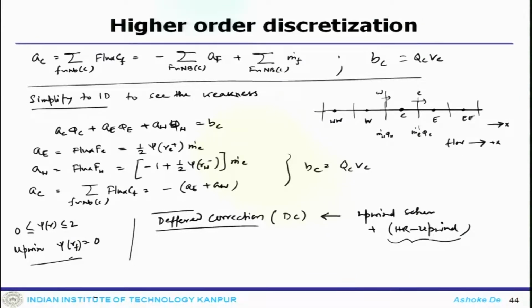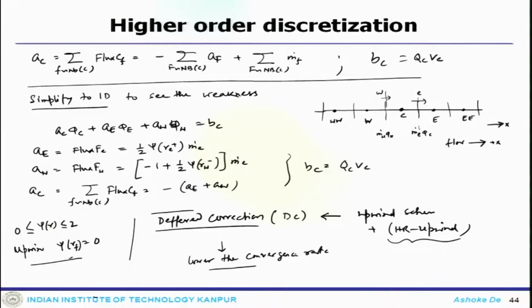Another issue is that it is easier to implement, but at the same time it also lowers the convergence rate. The convergence rate of the iterative solvers gets affected. That effect can be easily estimated in an NVD formulation from the difference between the upwind scheme and the one chosen as the HR scheme in the NVF formulation.